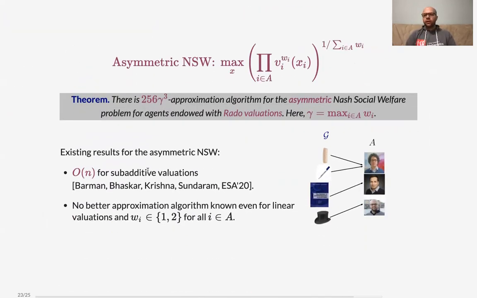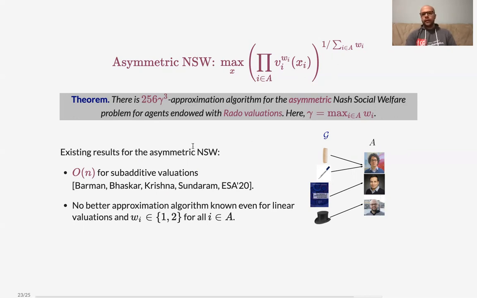Another nice thing about our algorithm is that it actually works more generally for the asymmetric Nash social welfare. Here, instead of just maximizing the geometric mean, we are maximizing the weighted geometric mean of the agents' valuations. And in this case, our algorithm produces a 256 gamma cubed approximation algorithm for this asymmetric Nash social welfare, where gamma is the maximum weight in this product here.